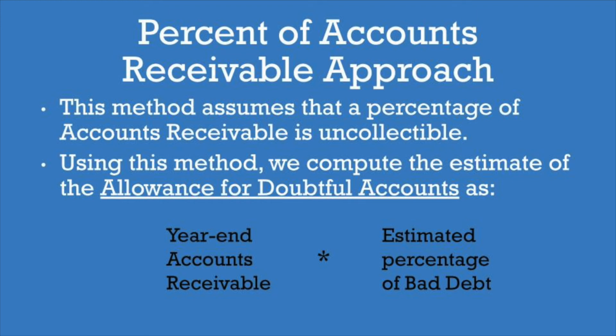Now, where do you get the estimated percentage of bad debt? Well, usually there are industry figures, but also from our own experience, if our business has been around several years, we're going to know, let's say, that 1%, 2% of our total accounts receivable will be uncollectible. That's where we generate that number, from experience or the experience of other companies.